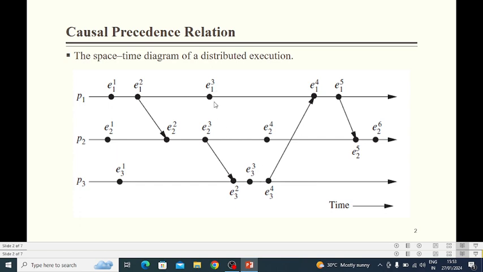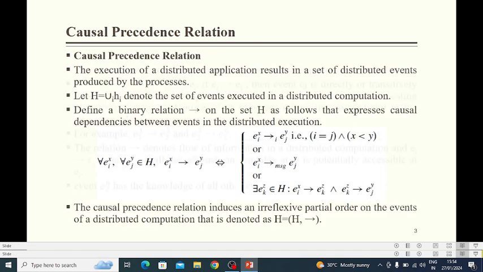So from E31 we cannot reach E33. We don't have any path from E31 to E33. So E31 does not causally affect the execution of E33. We don't have a causal dependency between E31 and E33. This is the example.